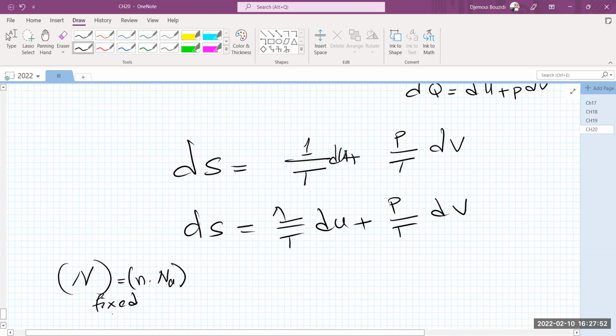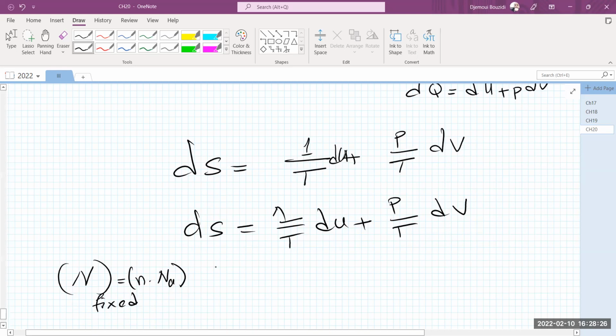Well, that's not the case, at least for this class. There is a coefficient called mu, the chemical potential, that comes into play, and that is the one that controls how many particles have entered in a chemical reaction or changed their phase from liquid to gas or vice versa. So we're not going to be dealing with that one. We're strictly focused on the cases where the number of moles or the number of particles, which differ only by Avogadro's number, is fixed.